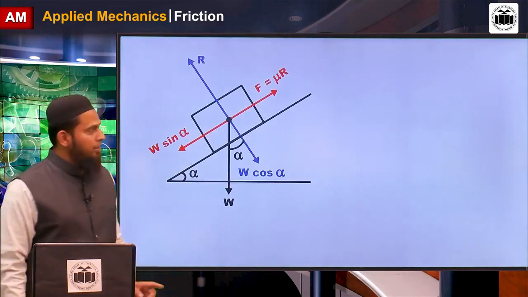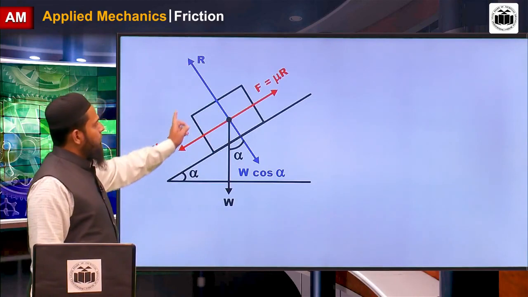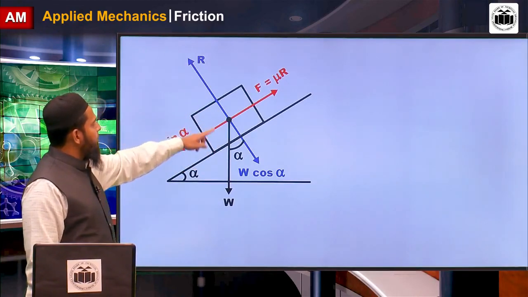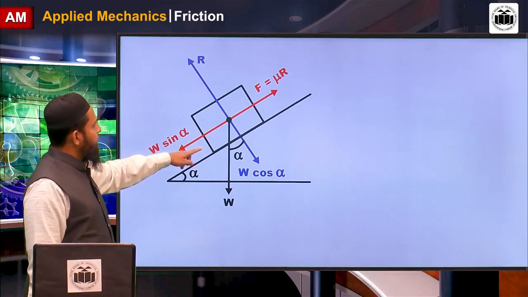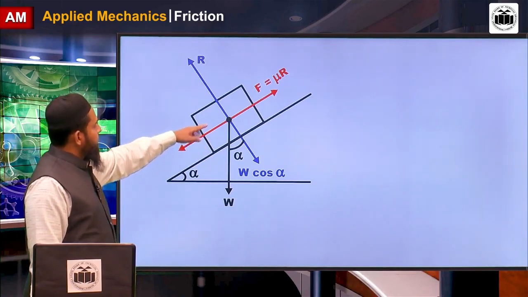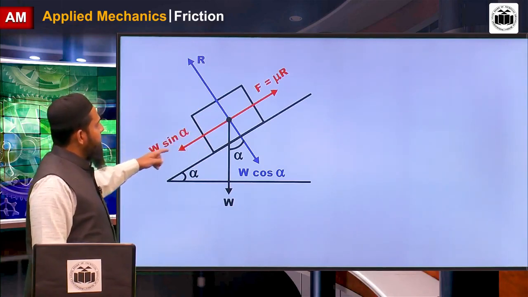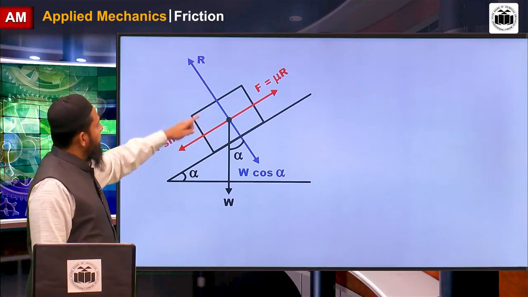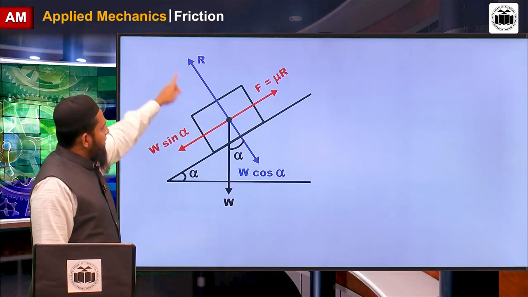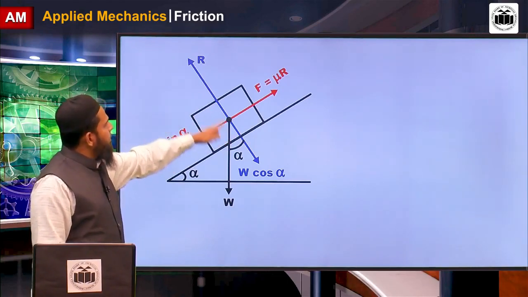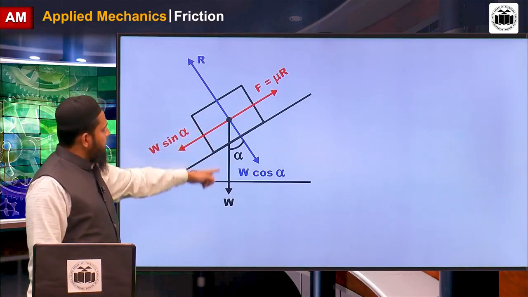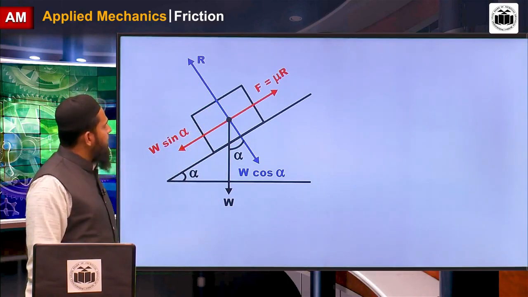Now if I draw the free body diagram, just on the verge of motion, it is in the condition of limiting equilibrium. Motion is in the downward direction, so frictional force is in the upward direction. Normal reaction is always normal to the plane, and the self weight acts vertically downward.